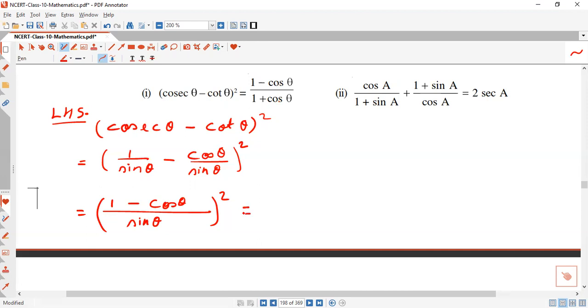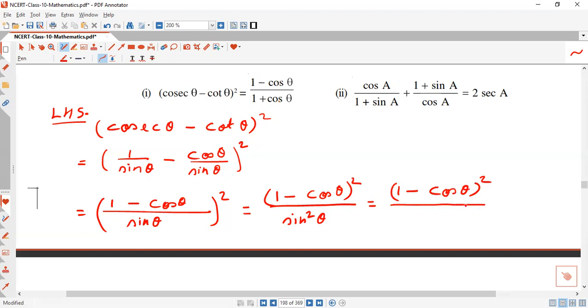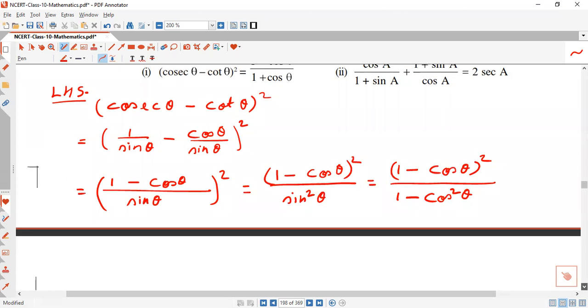A better way: 1 minus cos theta whole square divided by sine square theta. Sine square theta can be written, as you know very well, as 1 minus cos square theta. So in the denominator, we apply the formula a square minus b square.